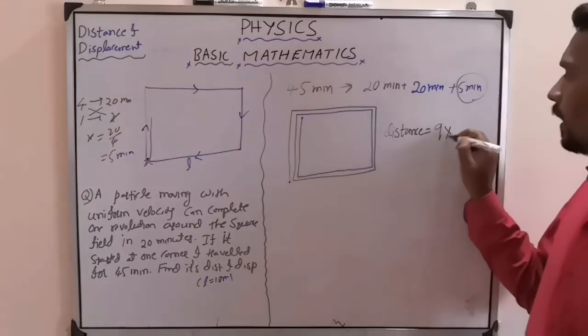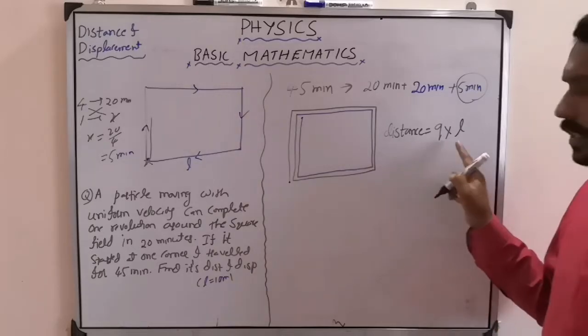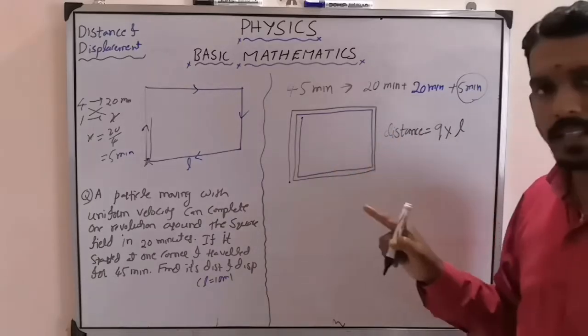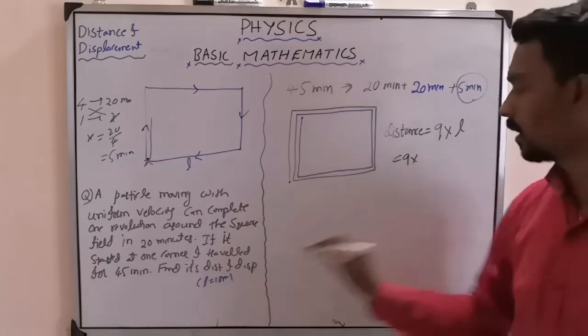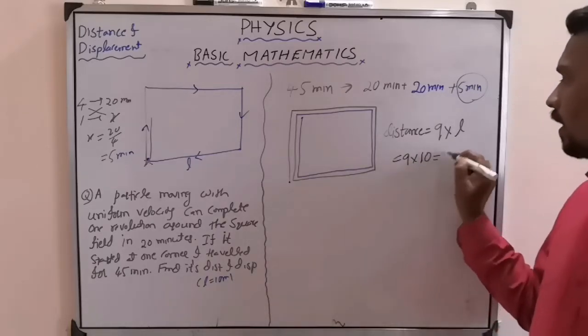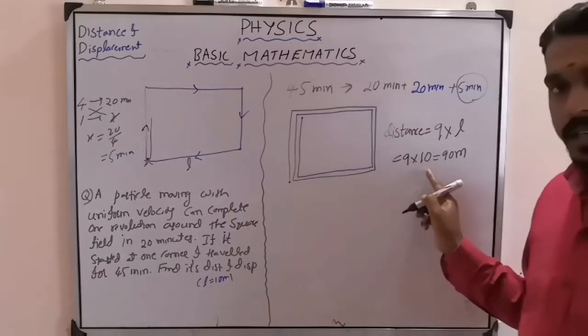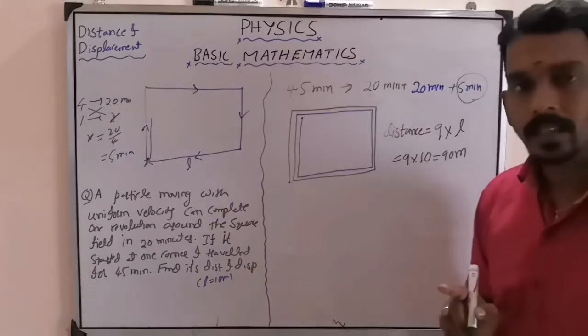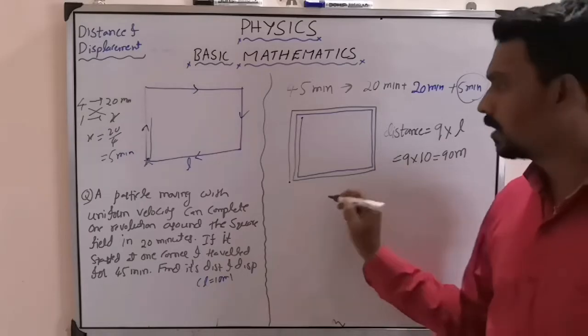That means 9 into side length, you take L. So what is the total distance covered? Total path length is 9 into L. Side length is how much? 10. So 90 meter. What is the total distance he covered? 90 meter.